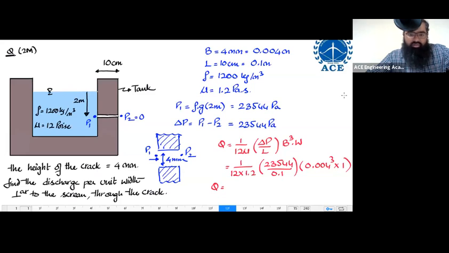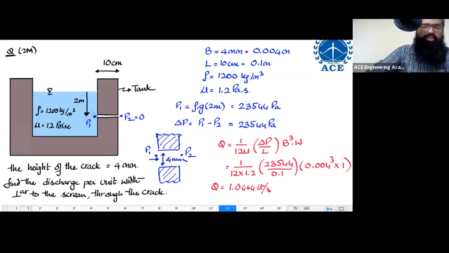Okay, 1.0464 liters per second. Let us take this value, 1.0464 liters per second.